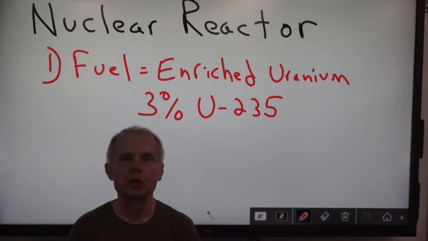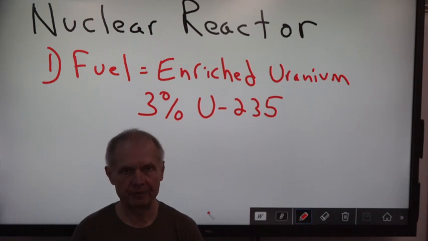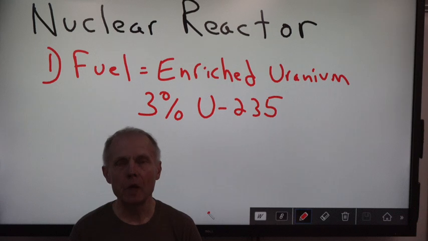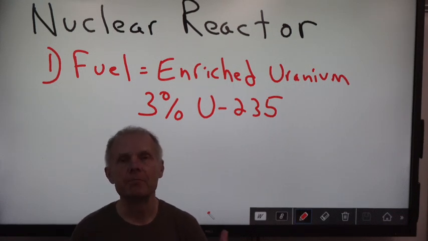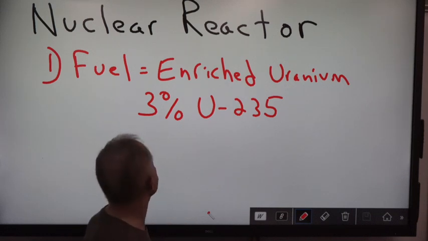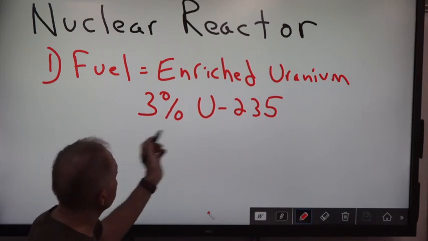Now, there are 2 ways to slow them down. 2 substances to slow them down. The United States mainly uses something called heavy water. The Russians use graphite. They both slow down neutrons, so they are called moderators. Okay? So, the fuel is enriched uranium.